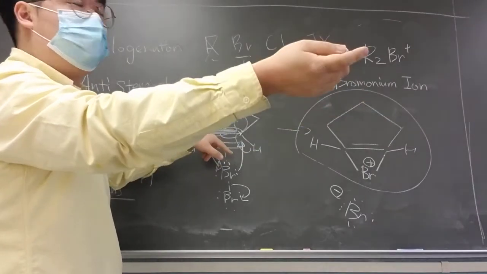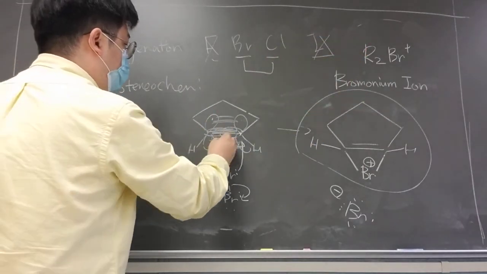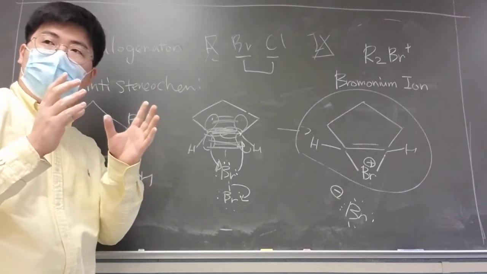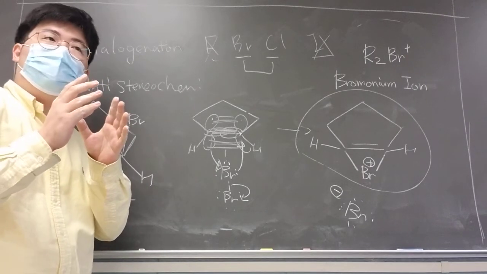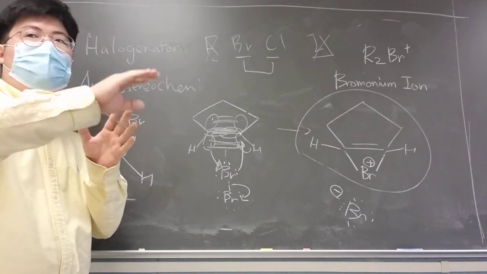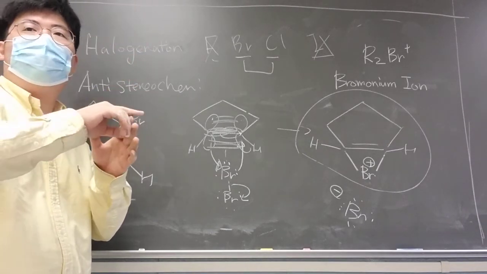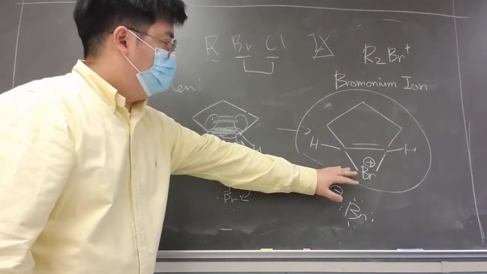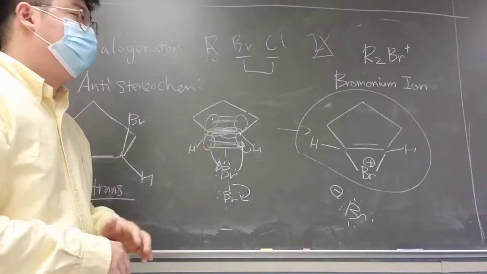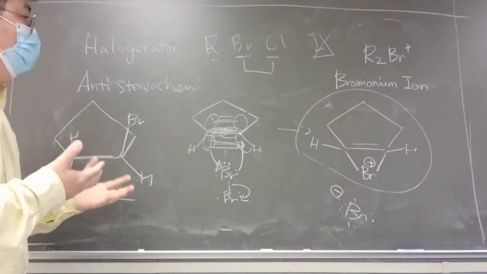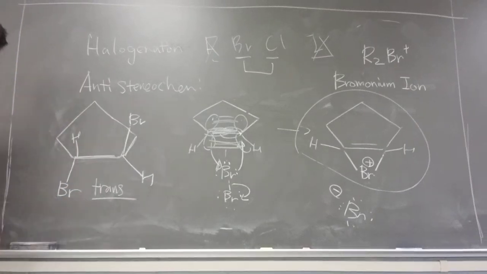So normally in a double bond, the pair of electrons in the pi orbital work as a nucleophile, so we call this nucleophilic attack. This is also what happened to this bromine here. This is how it happens.